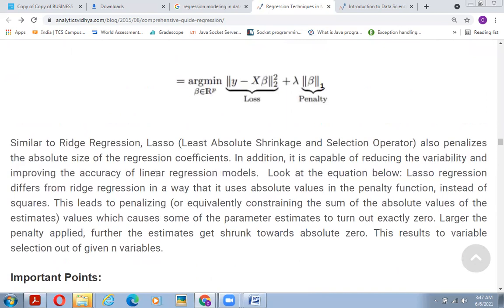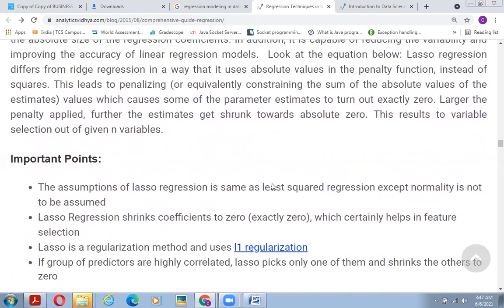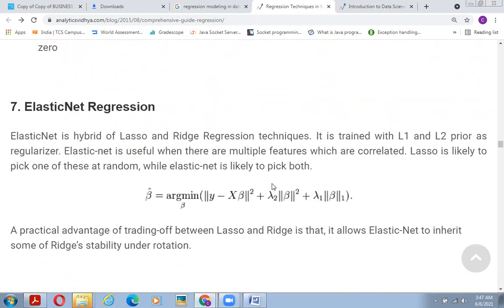Then we have lasso regression, which is the least absolute shrinkage and selection operator, with which we reduce the variability and improve the accuracy of regression models. We have elastic net regression.